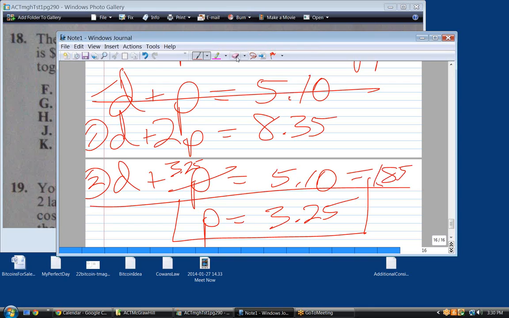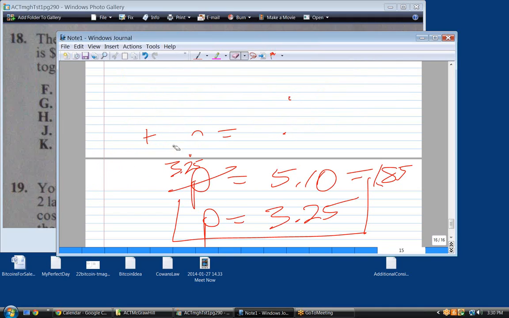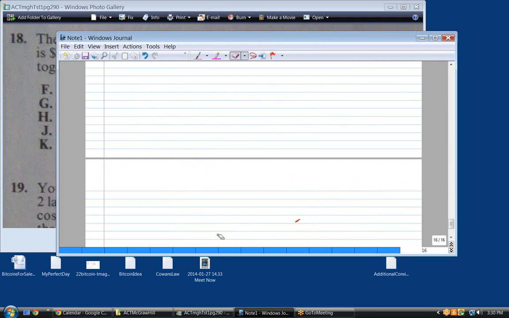Okay? So just know that you can always subtract equations. If you happen to have two equations that lend themselves to subtracting like that did, notice that when I subtracted them, I had no negative numbers and no negative variables. Whereas the first way we did it, you had to get negative numbers on top and then add them.